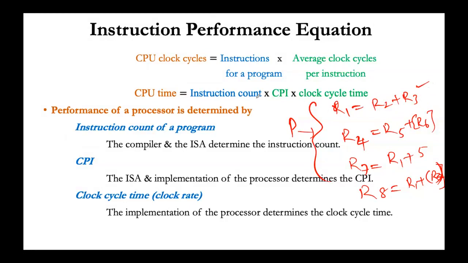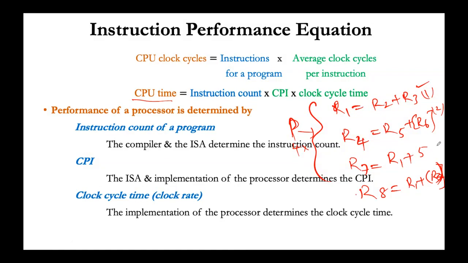As I said, for the CPU execution time, for this program how many instructions are there? 1, 2, 3, 4 instructions. So 4 instructions. For every instruction, how much are the clock cycles per instruction? For this, suppose 1 clock cycle is taken. For this, it requires 2 clock cycles.